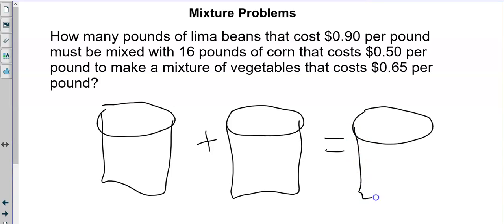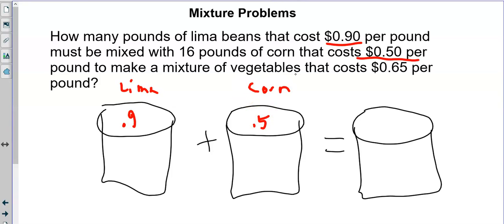I like to organize all my information almost by color. So the lima beans was 90 cents a pound, 0.9 for the lima, and the corn was 50 cents a pound, so 0.5 for the corn.